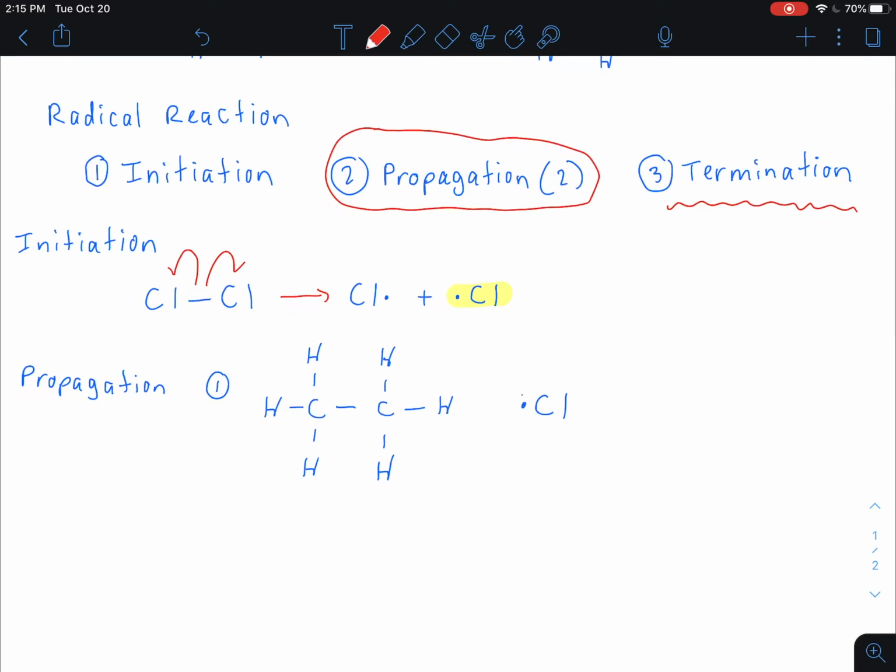So what's going to happen is this chlorine radical, notice again all these single-headed arrows, it's going to pull a hydrogen away from ethane in order to make HCl, but also it's going to form this ethyl radical. So now, in the first propagation step, I used the chlorine radical that I formed in the previous step.